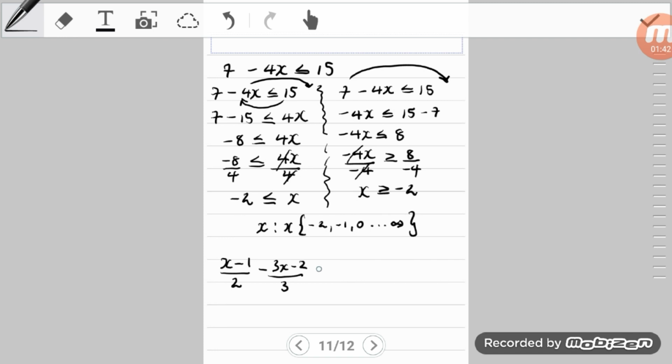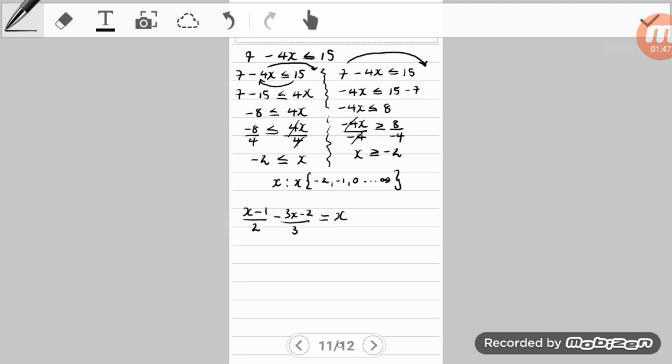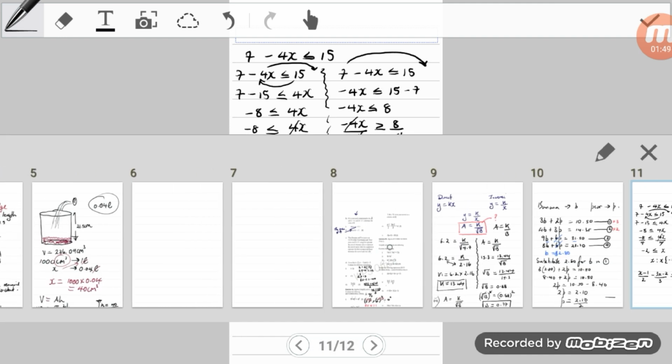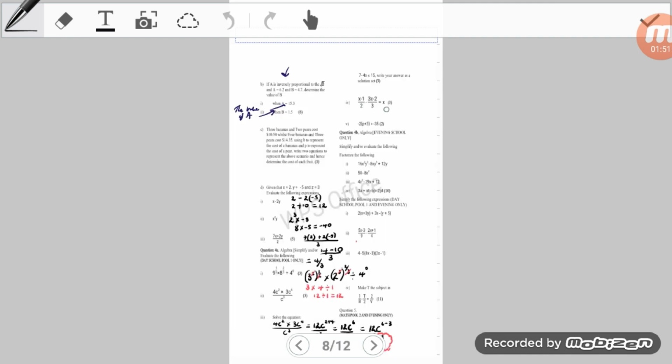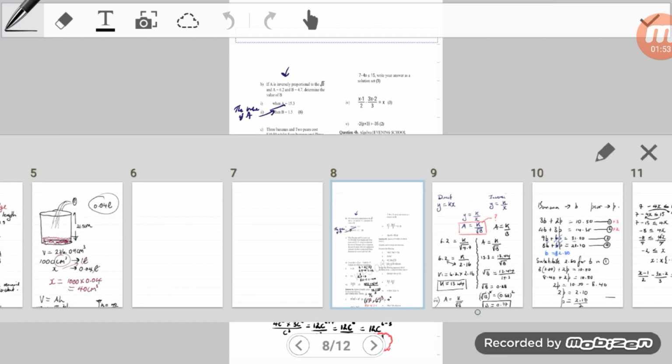And if I remember correctly, it's going to be equal to x. So we're going to have to solve that equation. Let's just double check and make sure that we're on the right path. So it's equal to x, for 3 marks.